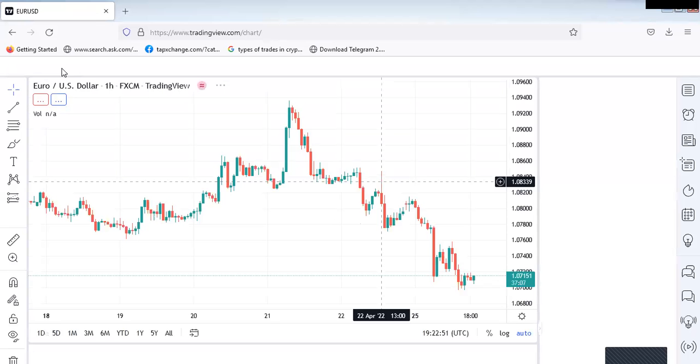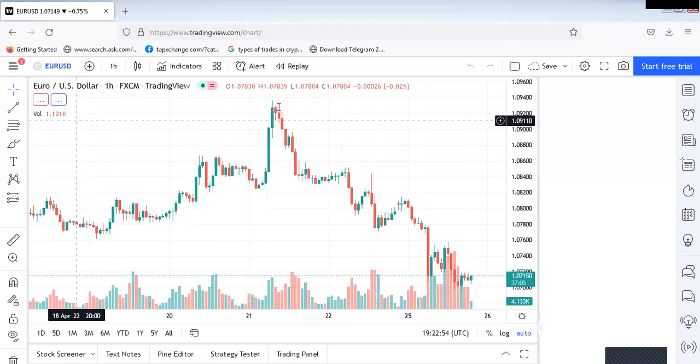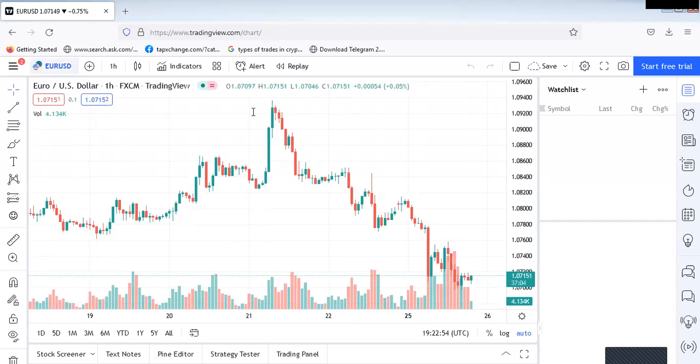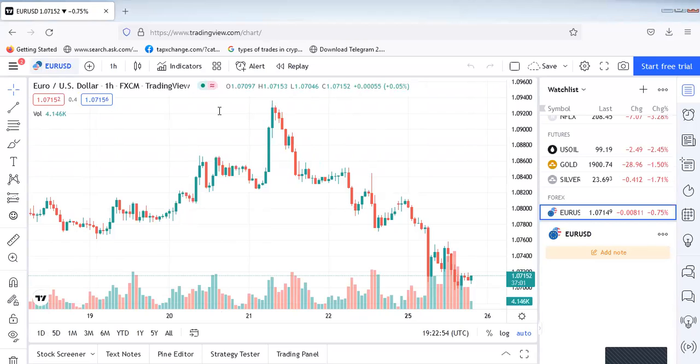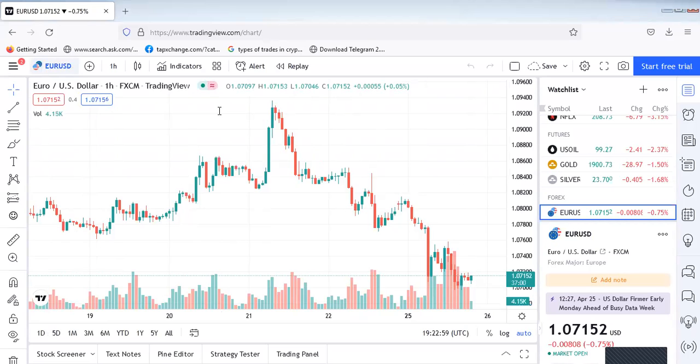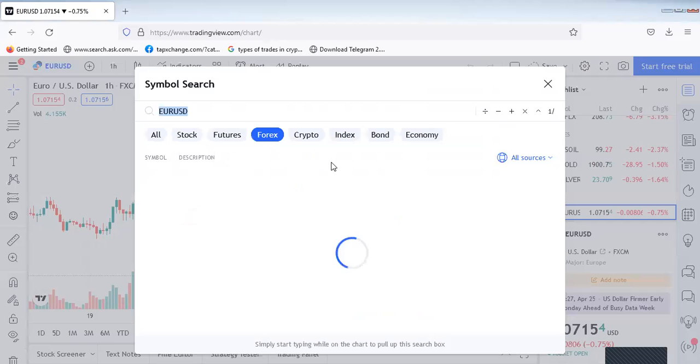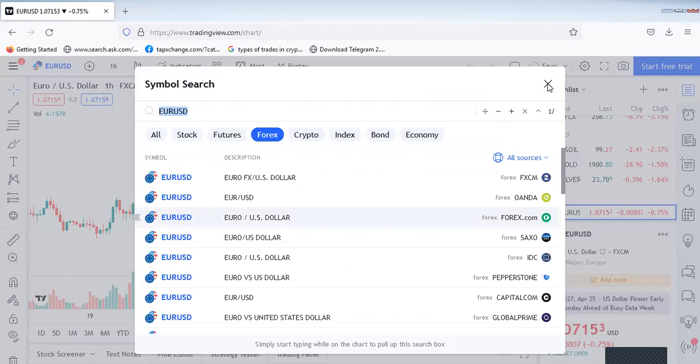You can see this is what I mean by currency pair. Look at this place. This is called symbol search. Like I said, a currency pair is a combination of two currencies, and the currencies are EUR/USD. So this symbol search, if I click on this, under Forex, I have a lot of them.